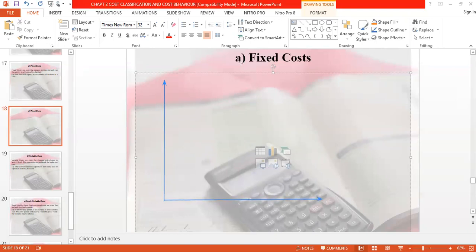So if we are trying to draw a cost, a fixed cost is a cost that will be constant.